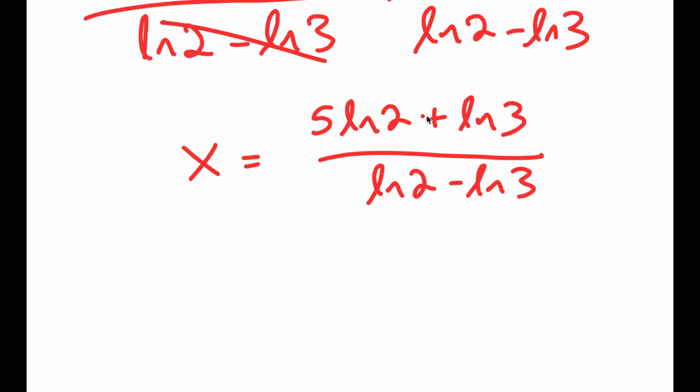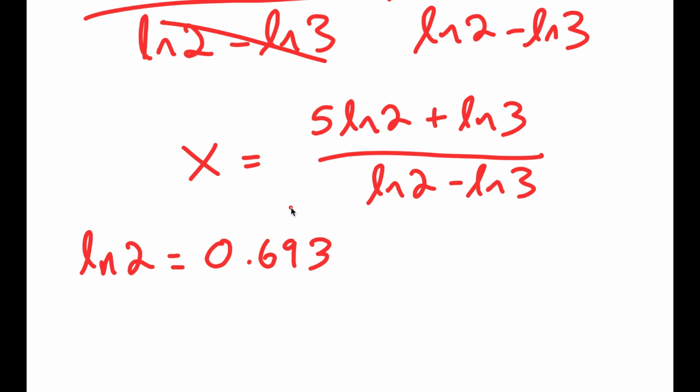So now that we have this, what we want to do is actually plug in the values of ln 2 and ln 3 in here so we can get the exact value of x, because we don't want this unsimplified version of x. So first off, ln 2, the value for that is equal to 0.693.